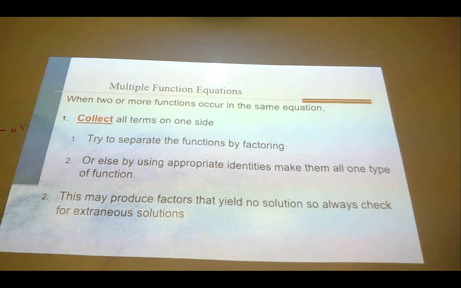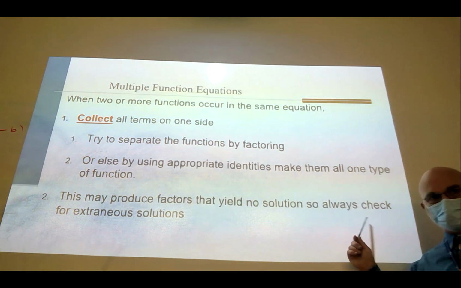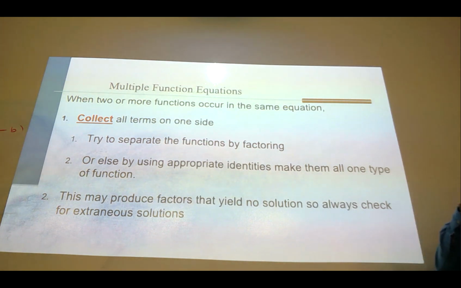But you have to check your solutions, because we can introduce extraneous solutions. You might remember that from algebra, where things look like answers but when you plug them back in, they're not. If we're dividing by sine and cosine, we might be dividing by 0 without even knowing it, and by doing so, we might introduce an extraneous solution.